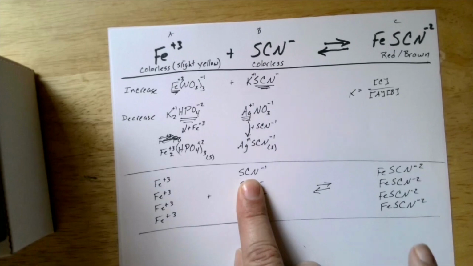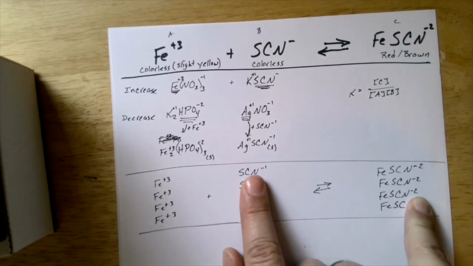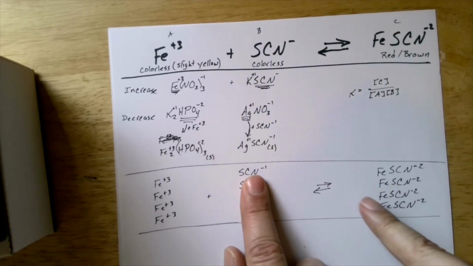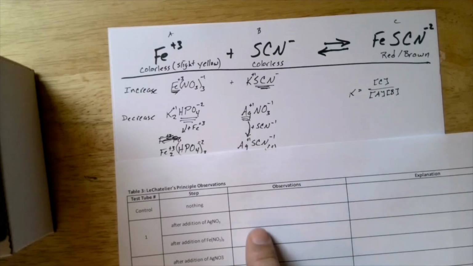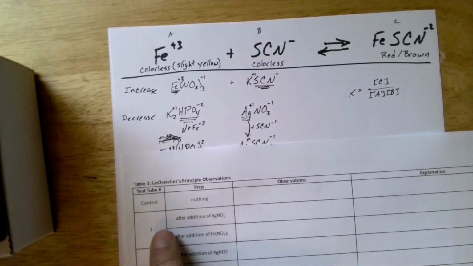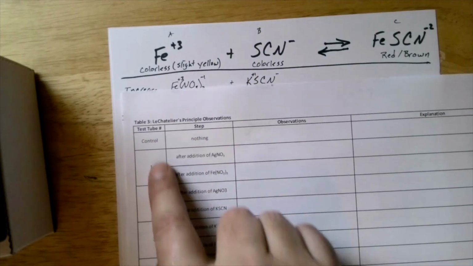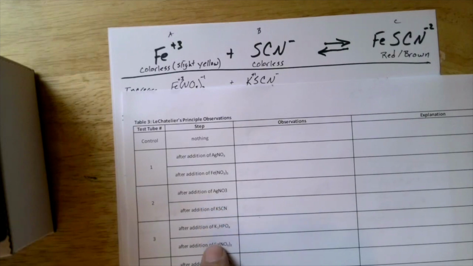So the reaction will shift from the right, because it was initially red, and the fact that it ended up turning pale, basically either eliminated or nearly eliminated all the thiocyanates, so the reaction to compensate will shift to the left. So with your observation, like in the very first one, the numbers on the video don't correspond to the numbers over here on this side right here. Just pay attention to what's happening with the reactions here.